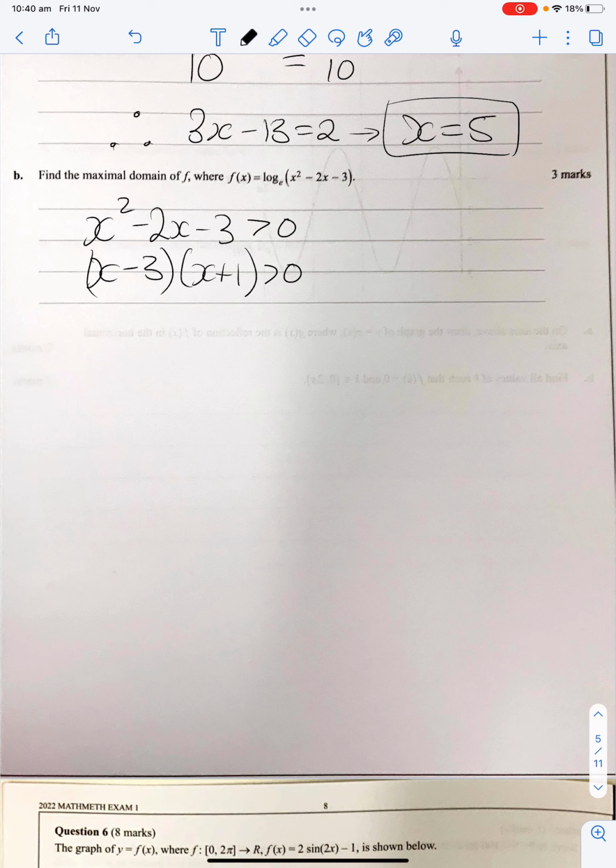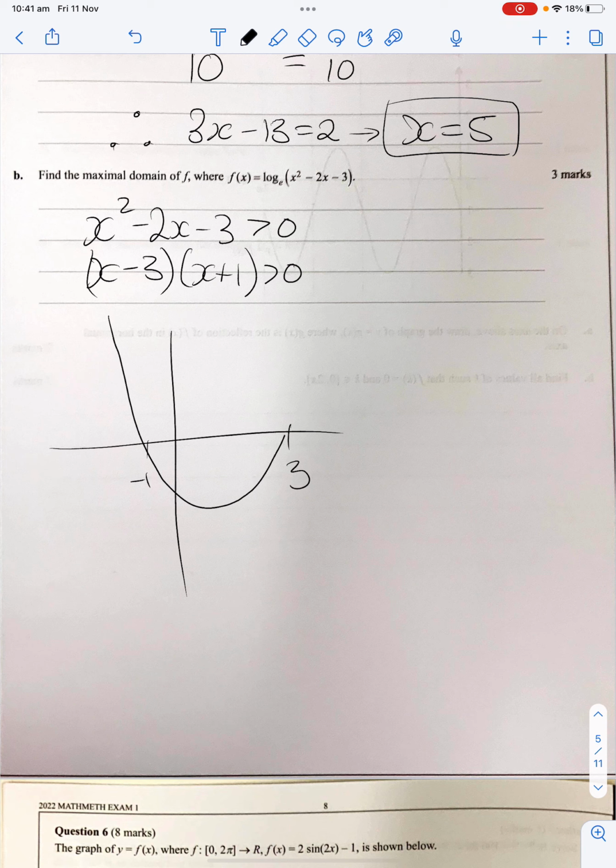Now, whenever we're doing inequalities, I recommend sketching. So, throw a quick one up here. We're crossing through a -1 and 3. So, where is it greater than 0? It's greater than 0 in this region and this region.